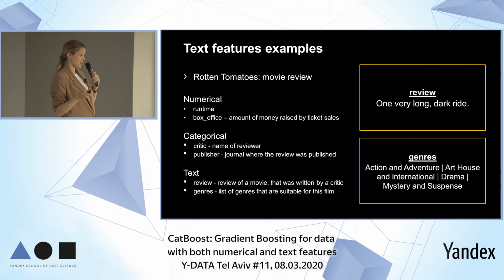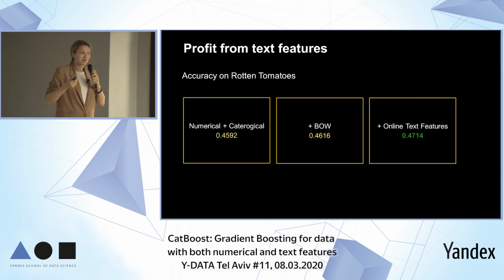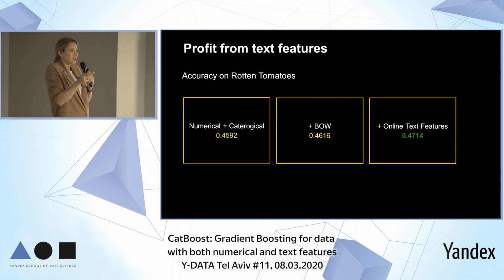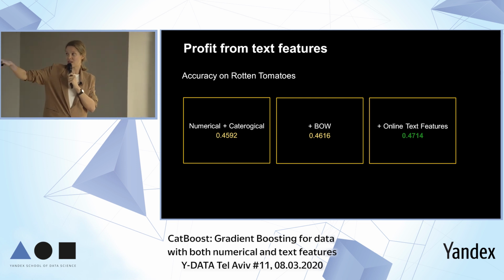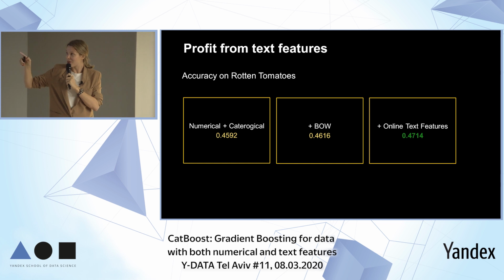How useful is this? It really depends on the data set, and it depends on how important is this text column. In the example of Rotten Tomatoes dataset, if you just train the model on numerical and categorical features, then you get out of the box the accuracy 0.459.